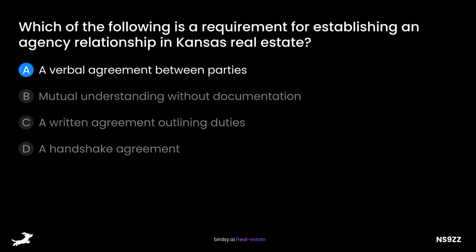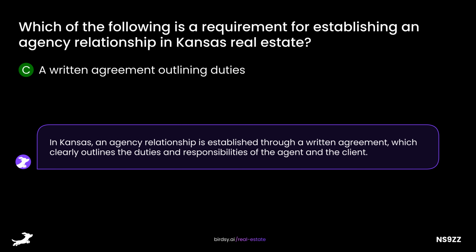Is it A, a verbal agreement between parties, B, mutual understanding without documentation, C, a written agreement outlining duties, or D, a handshake agreement? The answer is C, a written agreement outlining duties.